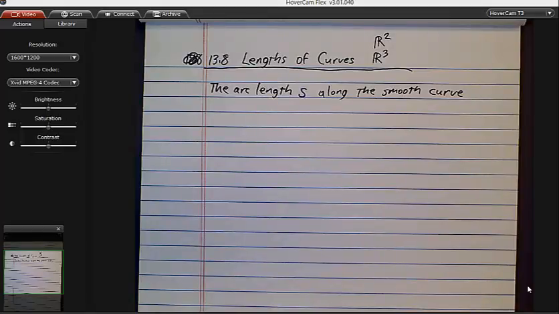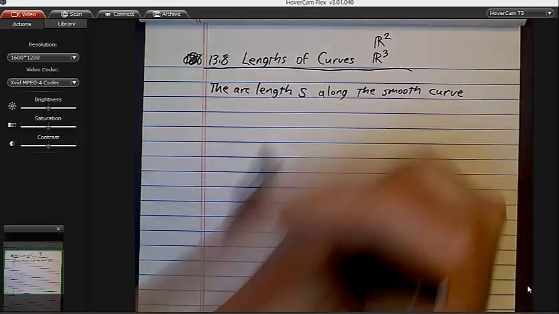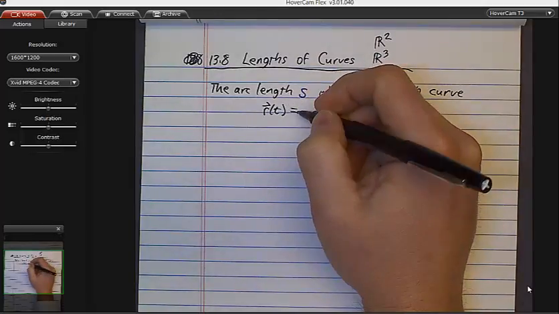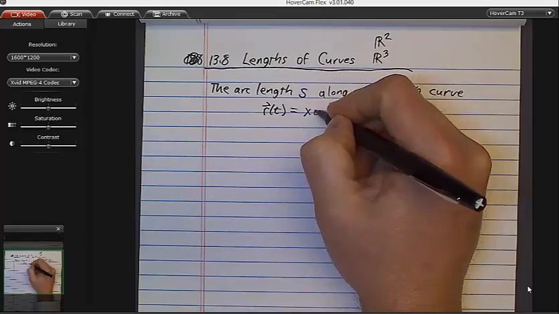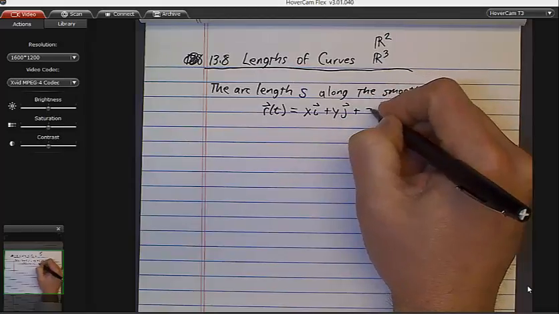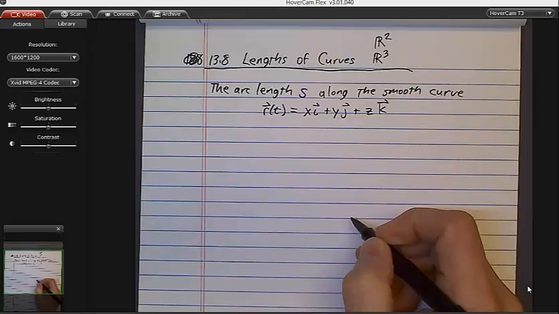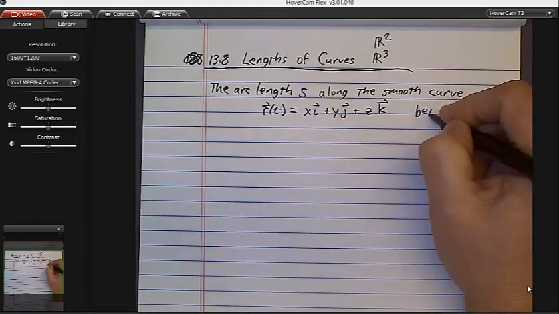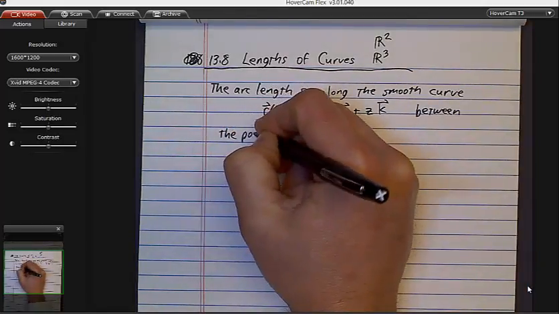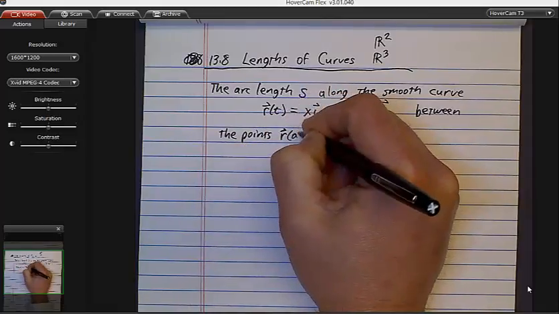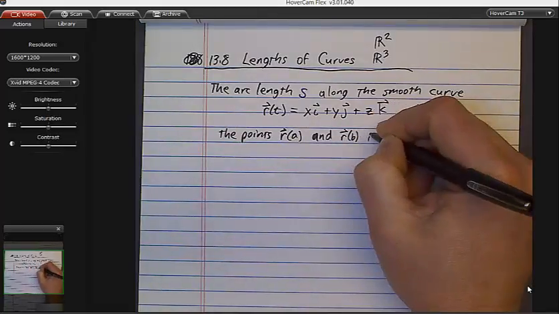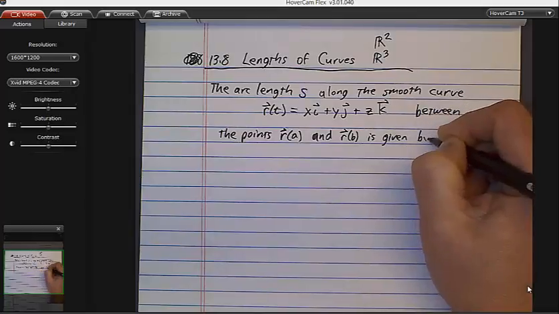Okay, so along the smooth curve, let me make it r of t equal to x times vector i plus y times vector j plus z times vector k, between the points r of A and r of B is given by that formula I just had.